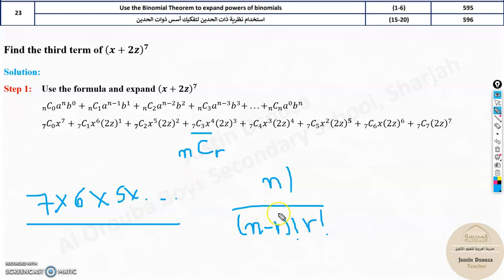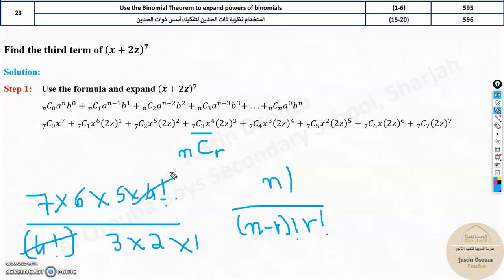What is n minus r? 7 minus 3. What is the answer? 7 minus 3 is 4 factorial. So it'll be basically 7 into 6 into 5 into 4 factorial, divided by 4 factorial multiplied by r factorial, that is 3 factorial, which is 3 into 2 into 1. Now this 4 factorial and this cancel off, right?